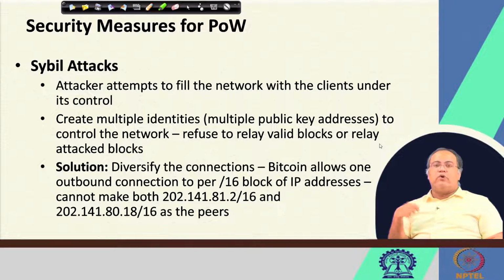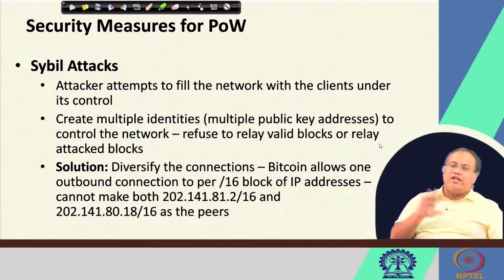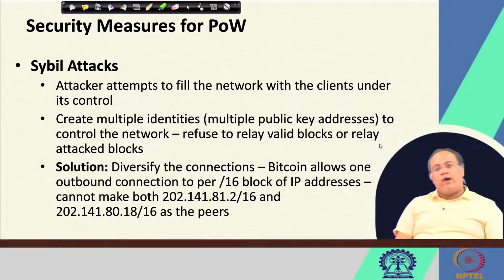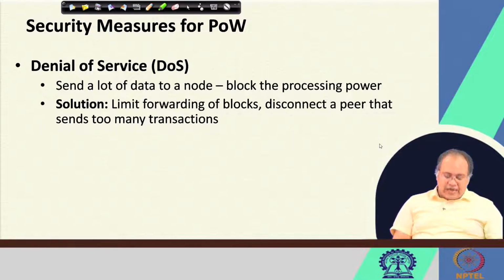Well, so you should not use more than one IP address from that subnet as your peer. So the basic idea is that whenever an attacker creates multiple such identities, it is most likely that all or the majority of the identities are within the same subnet where the attacker actually belongs.